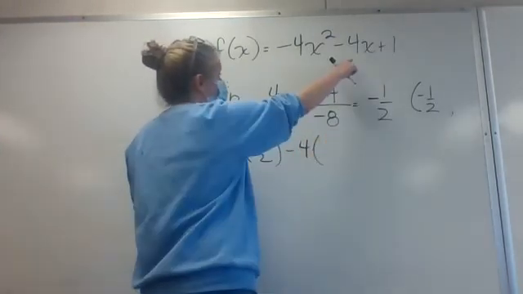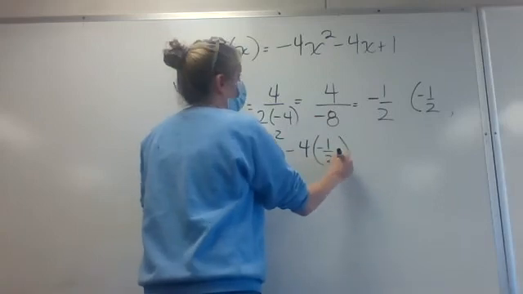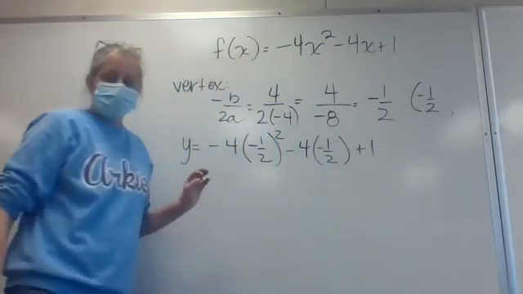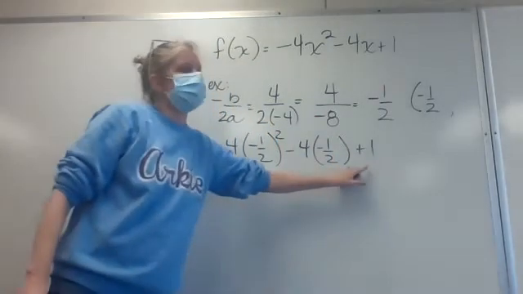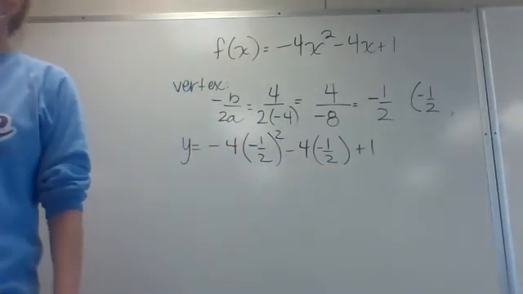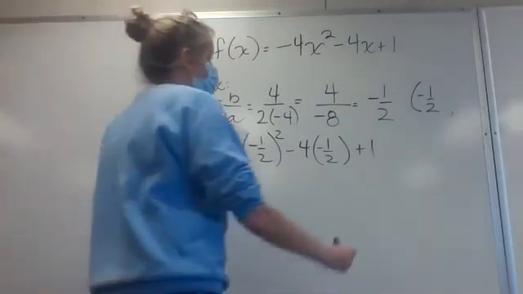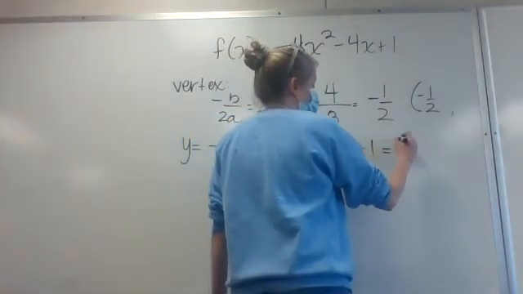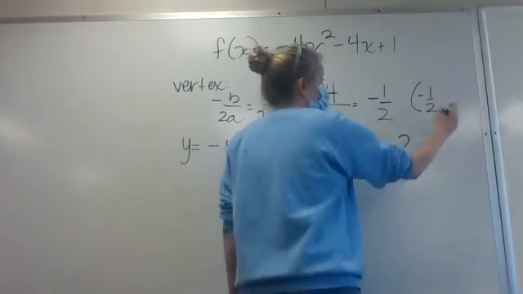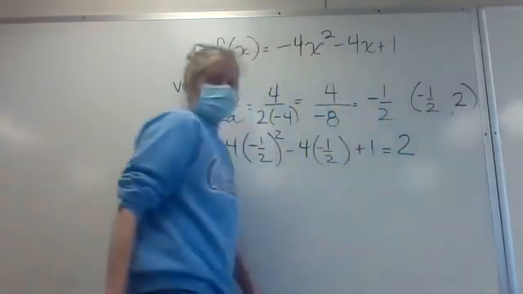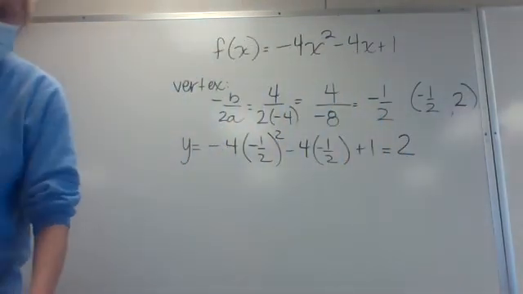Minus 4, open, negative 1/2, plus 1. So put this exactly like you see it in the plain screen of your calculator. And what does that give you? Did you get 2? Yeah. 2. So there's the vertex at negative 1/2, 2.